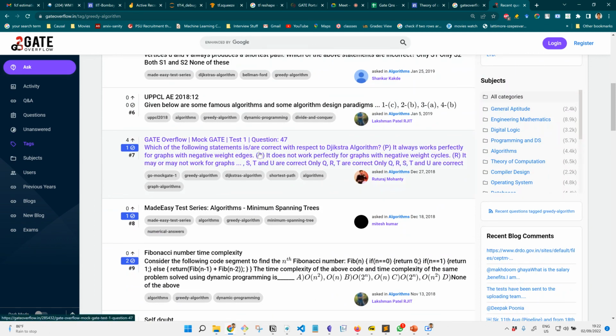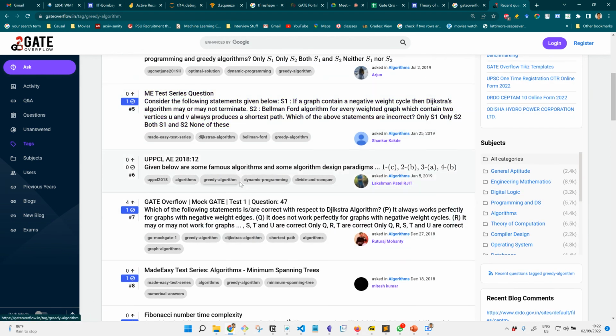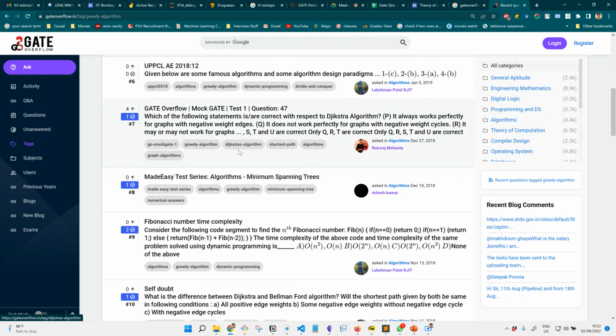So firstly, this advice is to you because you are in first year and have a lot of time. Focus on textbooks and parallelly solve questions. As soon as you study a topic, immediately solve questions on the topic. For example, let's say you study Dijkstra's algorithm, then you have subjects organized by topics, and here you have tags also.